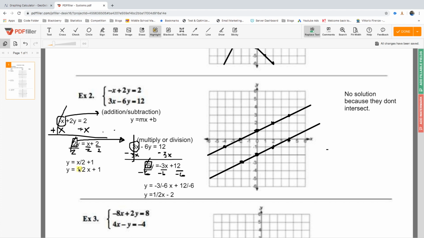Whenever you're graphing, if your slope is exactly the same, please remember that it will always create a parallel line. So let me write that so that way you all can remember it. So if I have the same slope, it's going to create a parallel line. Same slope, parallel lines, which automatically tells me it's going to be no solution.